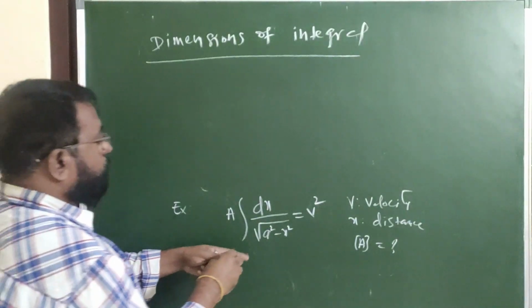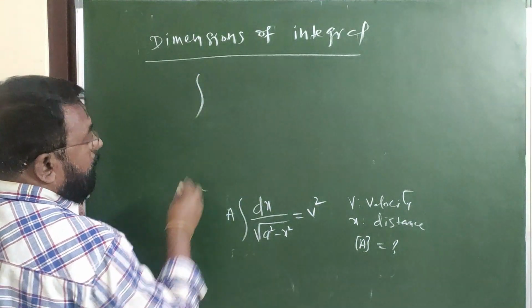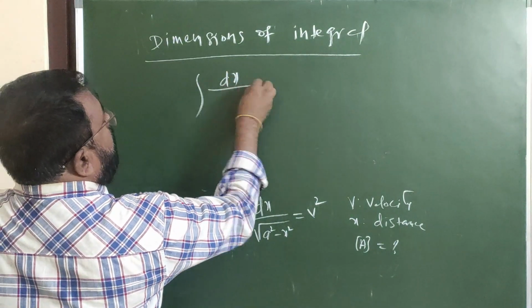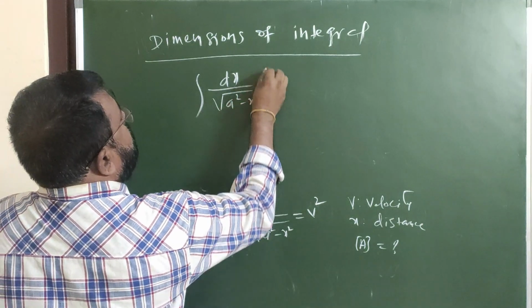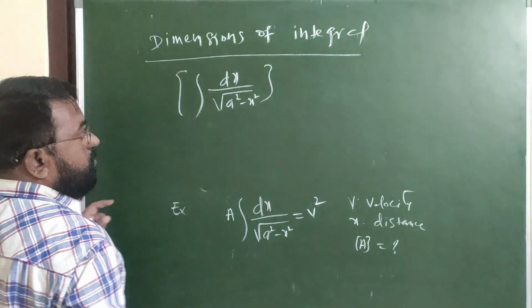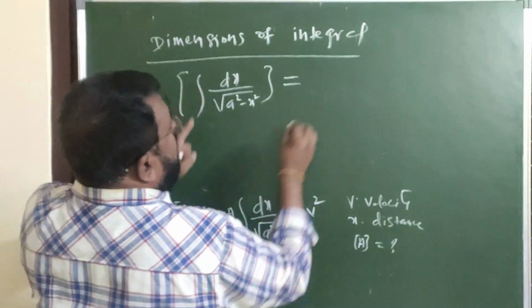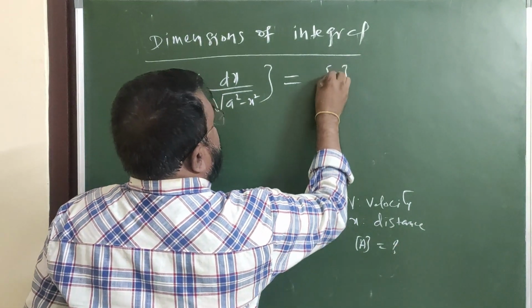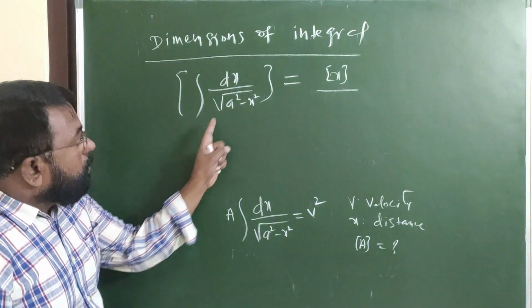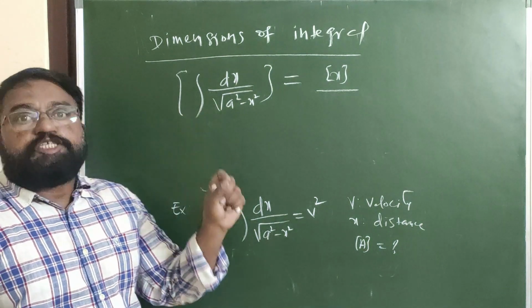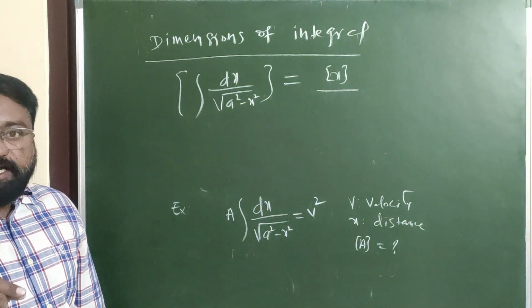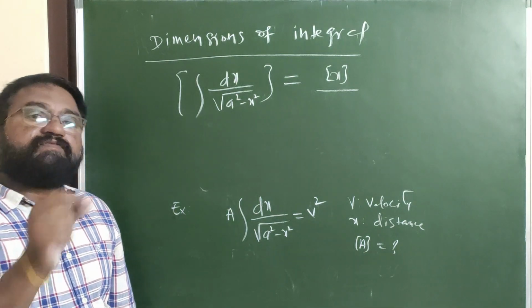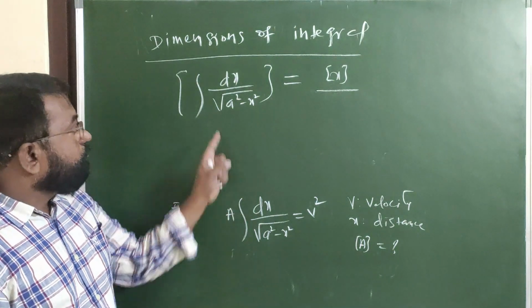First of all, integral dx by square root of a square minus x square. Its dimensional formula: integral dx means x. Here, according to the principle of homogeneity, a physical quantity can be added or subtracted only with the same physical quantity.